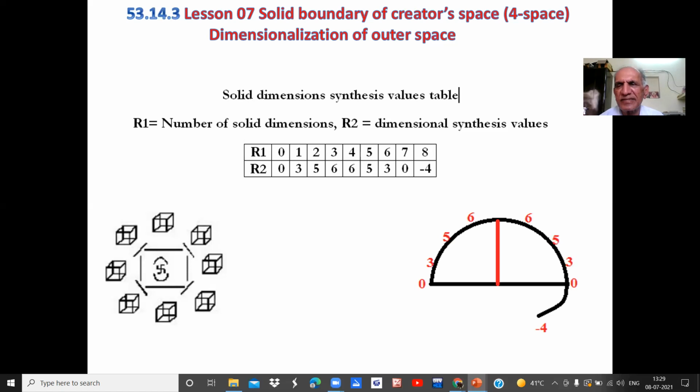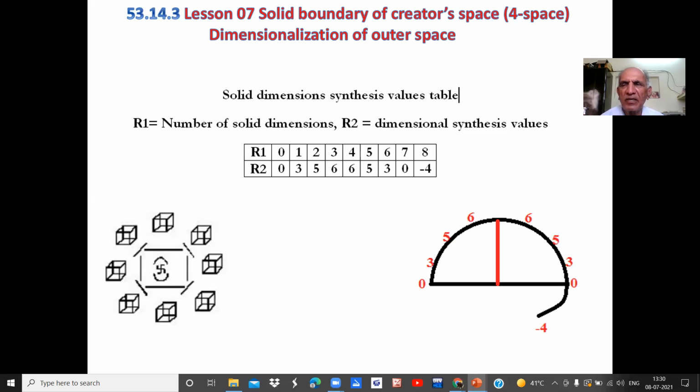It is an answer as to why the linear order, the hypercircles, increase only up till hypercircle 7, and from hypercircle 8 onwards, they go on decreasing. This is as from the 8th solid dimension, the synthesis value starts decreasing.